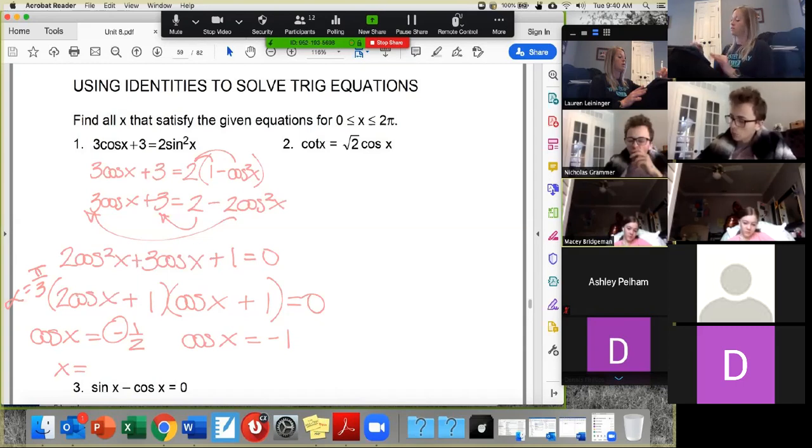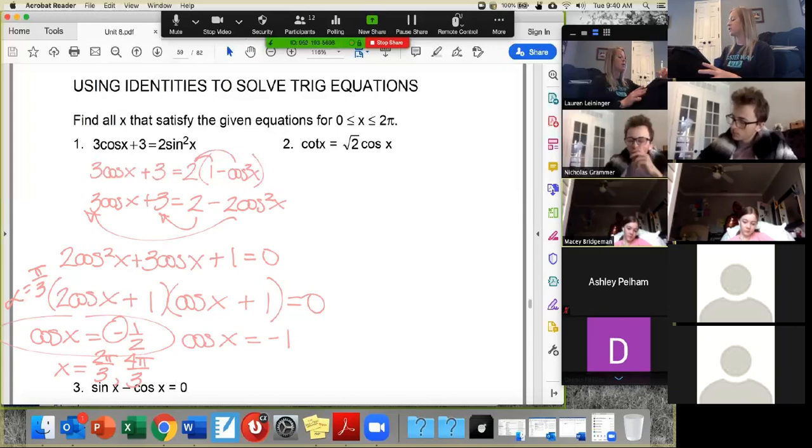So what's the pi over 3 in quadrant 2? 5 pi over 3? Wait, no. That one's over in quadrant 4. 2 pi over 3 is in quadrant 2. What's the pi over 3 in quadrant 3? 4 pi over 3. Good. That is then going to exhaust that one.